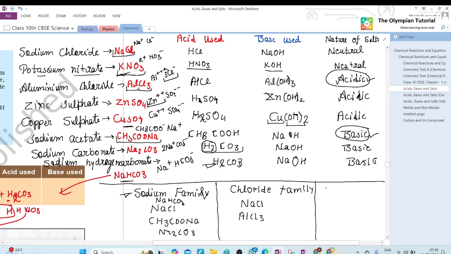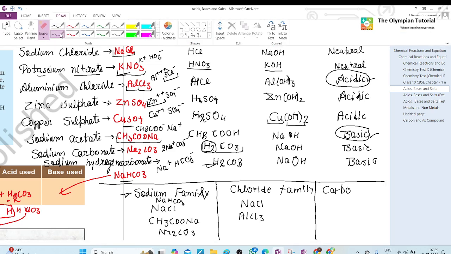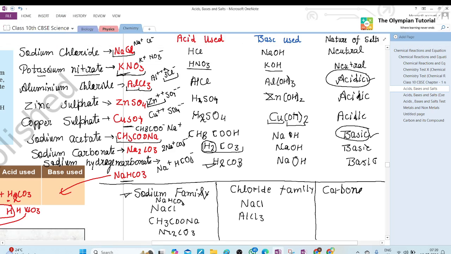Next family we can make is carbonate. Can you tell me about the salts which come in the family of carbonate? Ma'am, H2CO3.